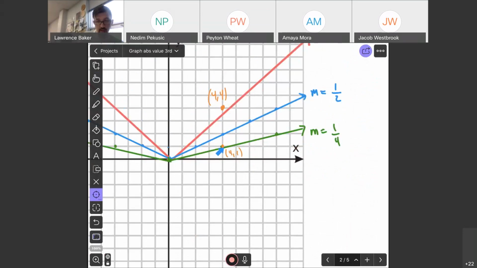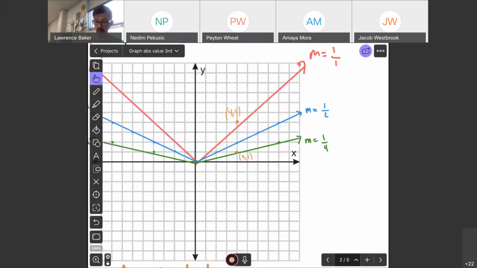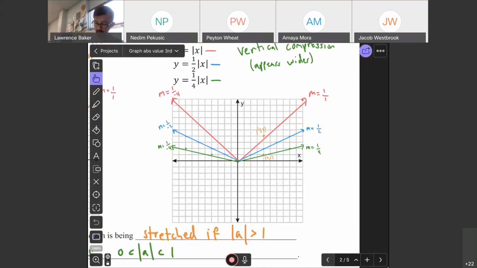It's closer to the x-axis by a factor of 1/4. It's only 1/4 the distance that it should be. If you think of the parent function being the standard, this is what it should be. Right here we can see this one's only half of the distance of what it should be, and that's why the 1/2 times absolute value. And that's why we call them compressions and stretches, even though they look wider, they look narrower. The y value is being affected.